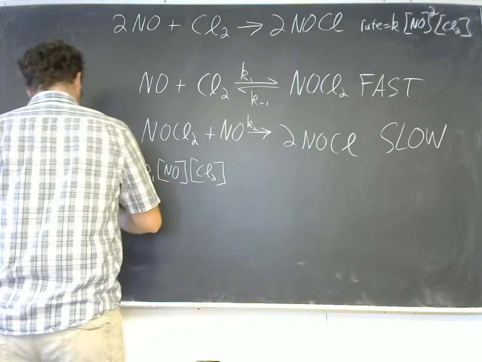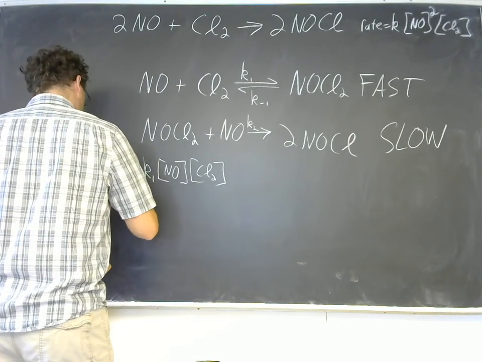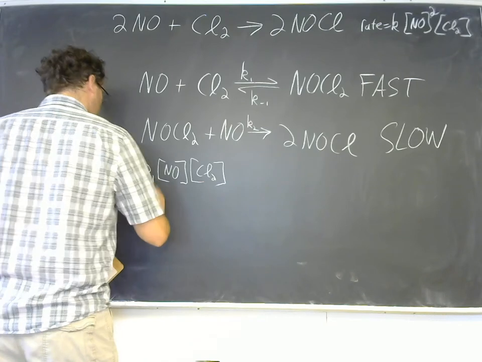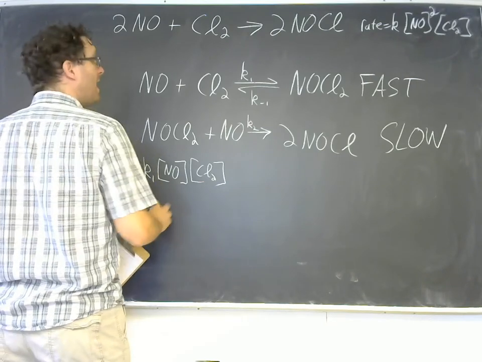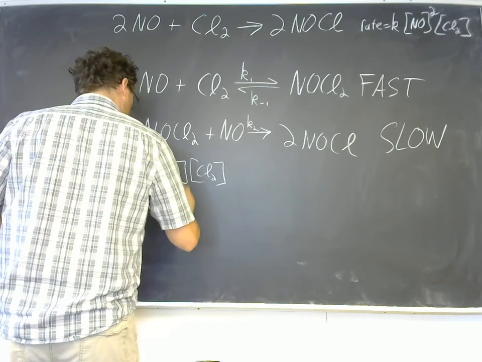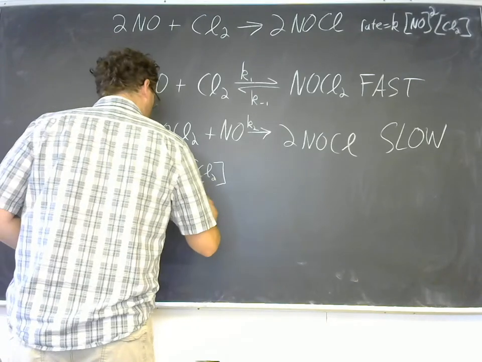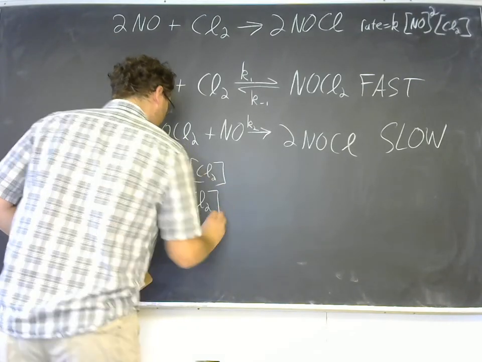And rate negative 1 is going to equal K negative 1 times the concentration of NOCl2.